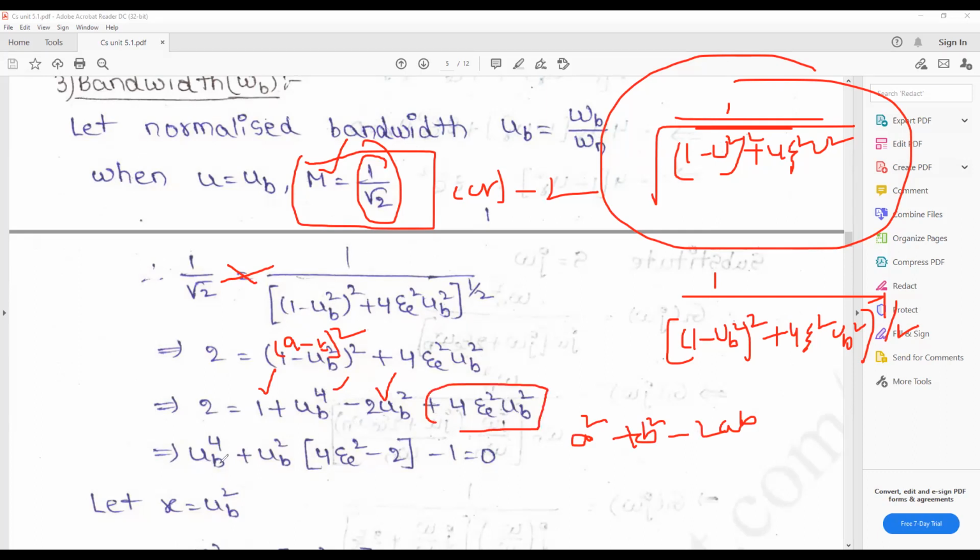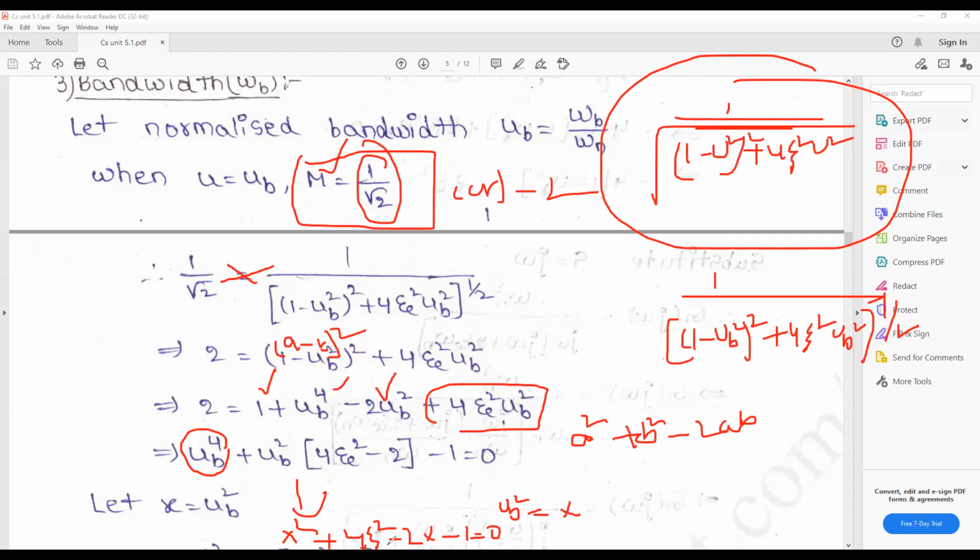Okay, so ub power 4 minus 2 ub square, ub square is common, so ub power 4 plus ub square into (4 neta square minus 2) minus 1 is equal to 0. Okay, so for ub power 4, finding the roots is not possible directly. So ub square, you consider as any constant x. So in this x, taking x square plus (4 neta square minus 2) into x minus 1 is equal to 0.